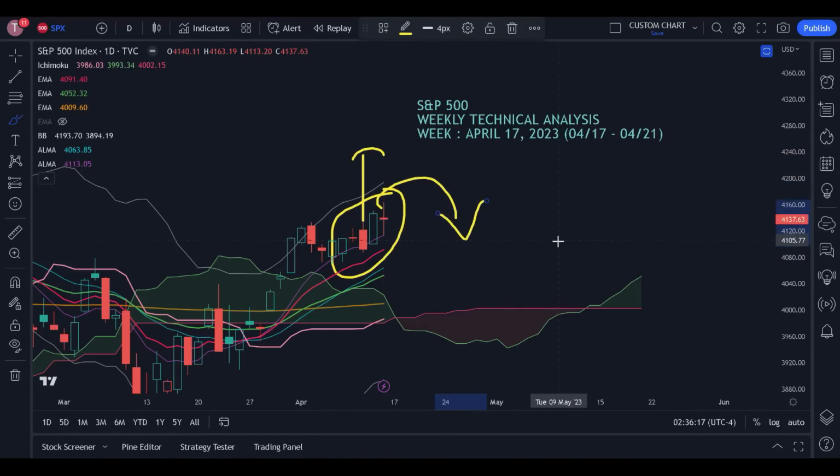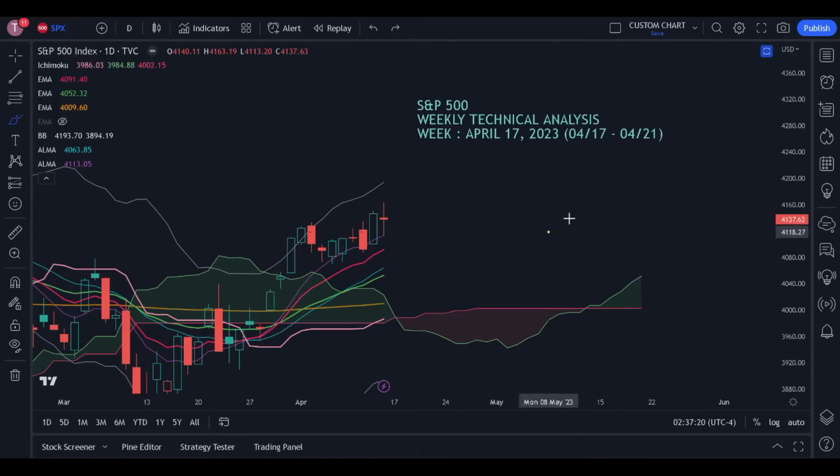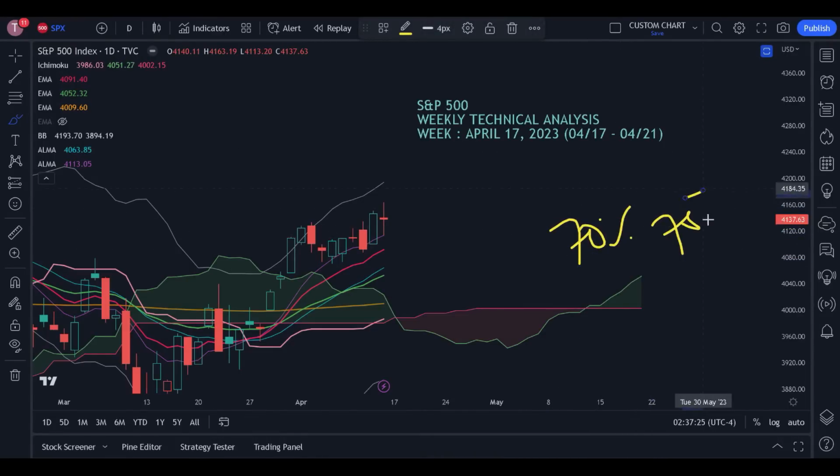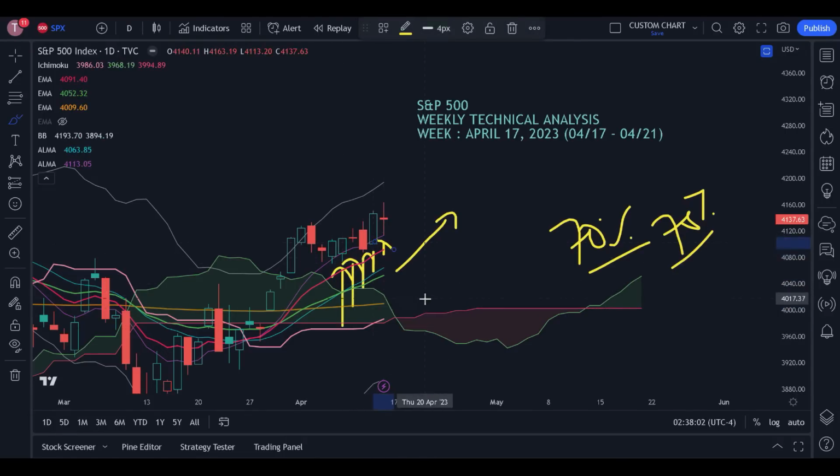In the previous S&P 500 weekly technical analysis, we discussed two scenarios, wherein the first scenario, the bullish scenario, was highly likely, with a probability of more than 70%, 70 to 75%, that no matter what happens in the entire stock market, the stock market will move up and remain bullish. Now let me tell you how exactly the S&P 500 moved Monday to Friday, every day as was predicted.